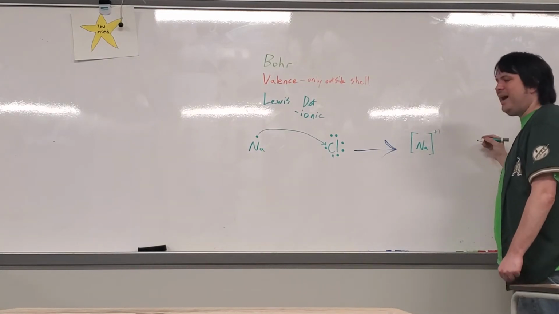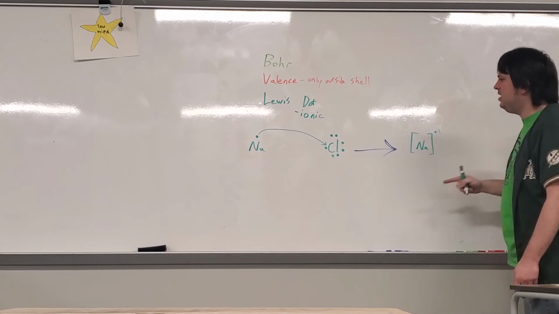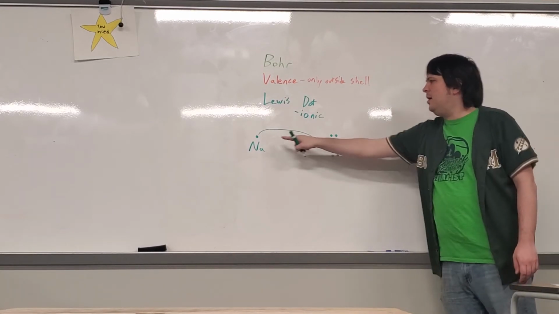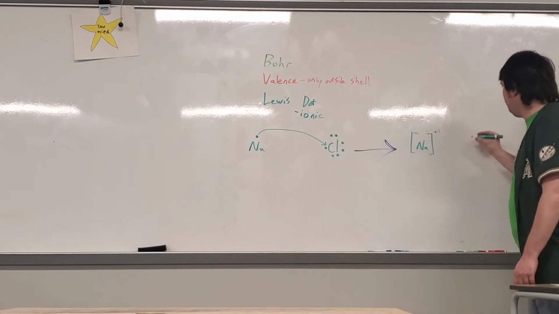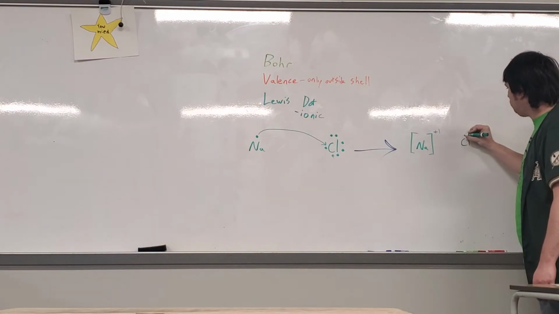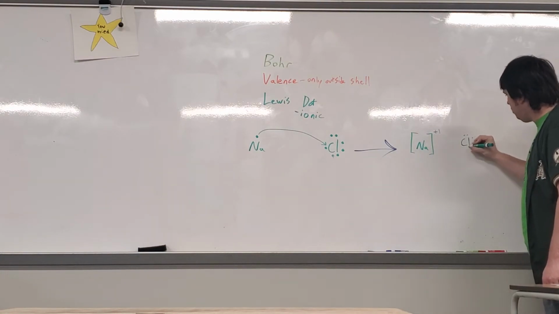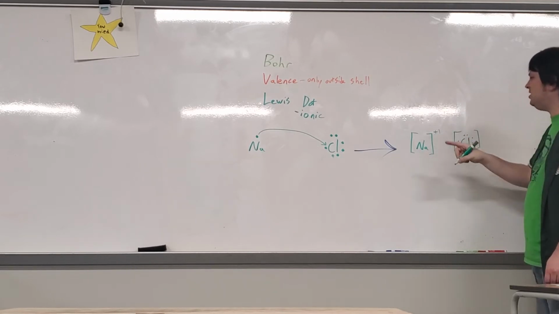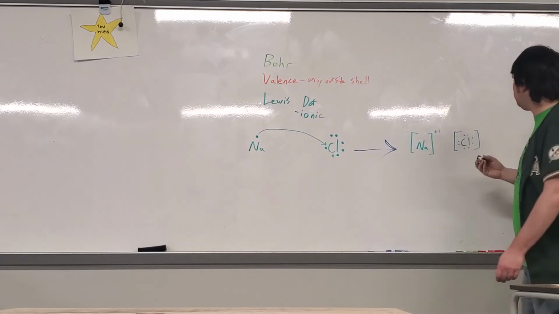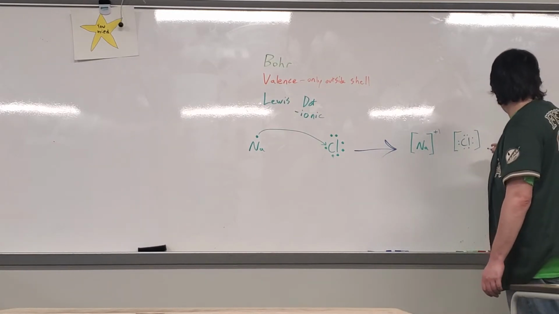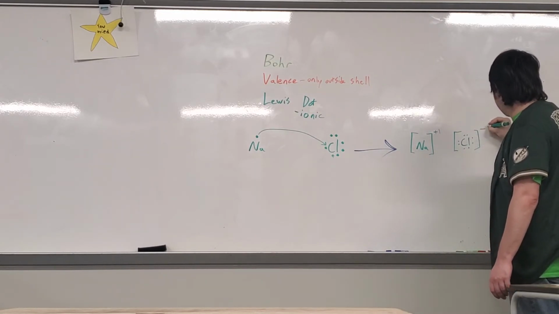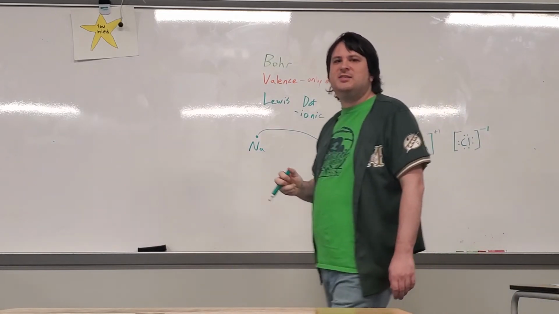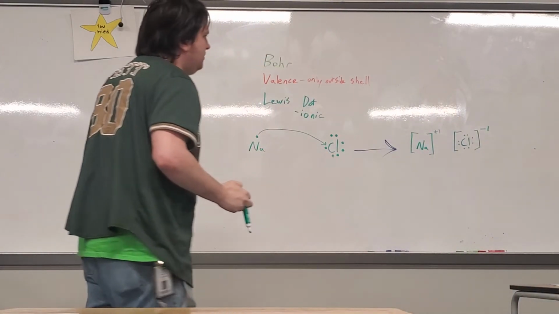Chlorine has 17 protons and 17 electrons, but it just gained another one. So chlorine, being happy with all the electrons outside, is 17 protons minus 18 electrons. That gives you a -1 charge.